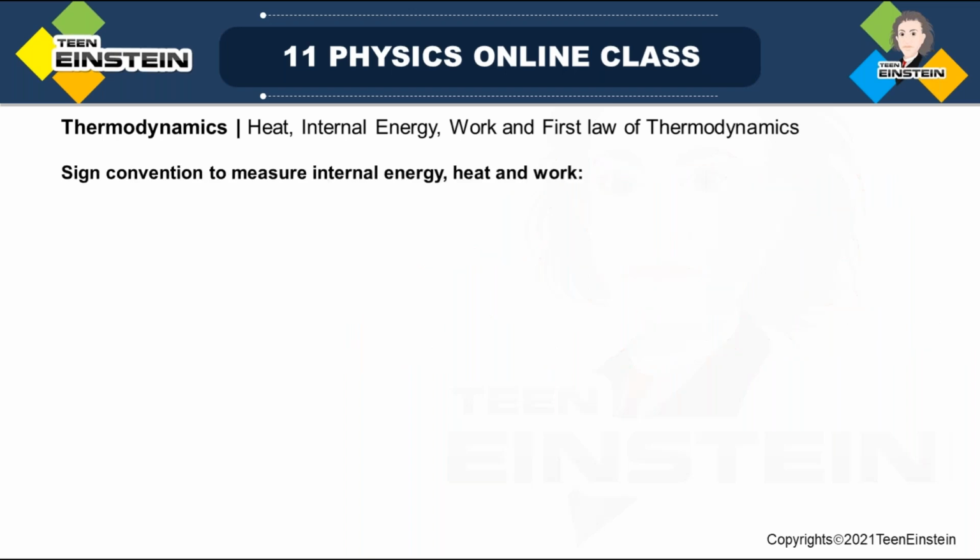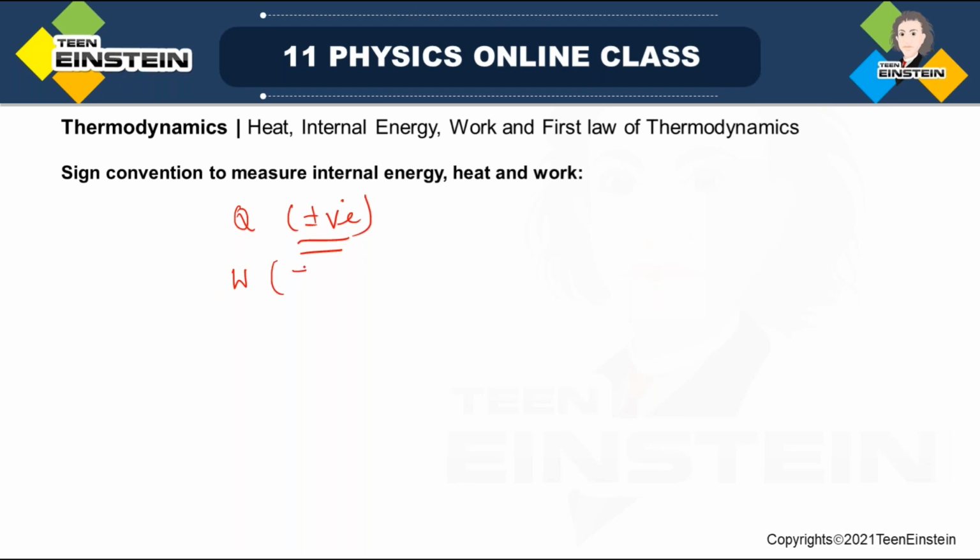We'll now learn the sign convention to take when we measure heat, internal energy, or temperature. How do we decide whether heat energy is negative or positive, when to take positive, when to take negative?